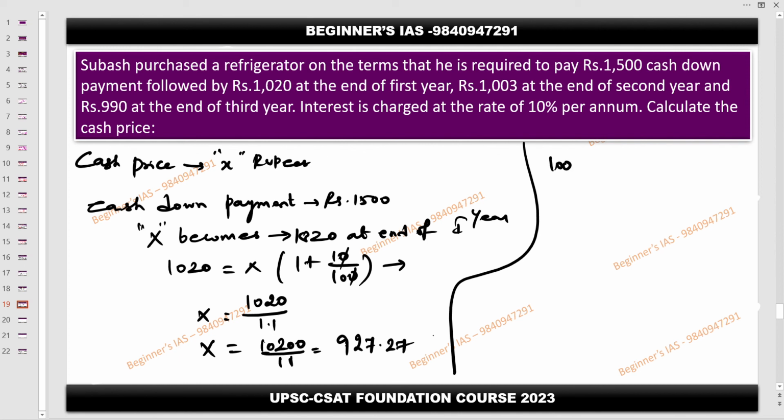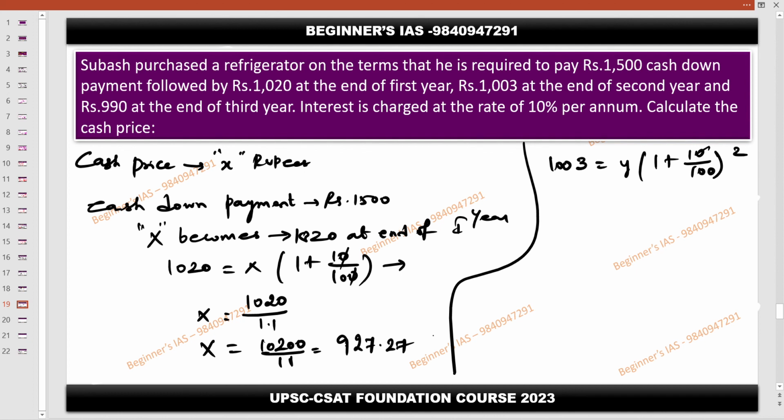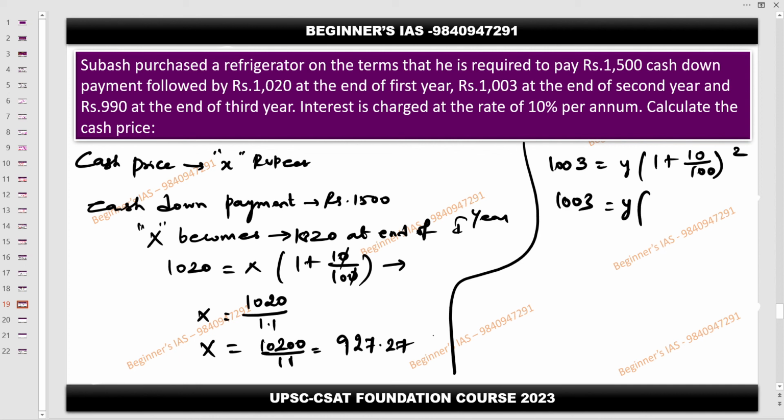Now this amount. At the end of the second year, the amount is equal to 1003. Then Y is equal to what? Y into 1 plus 10 by 100, and since it is the second year, I am writing the power 2. Here the zeros cancel, or else 110 by 100 the whole square.